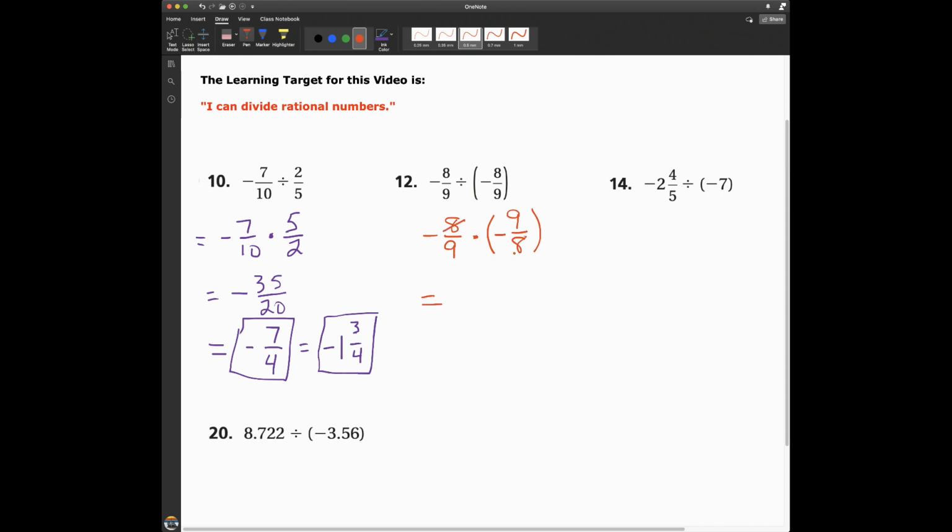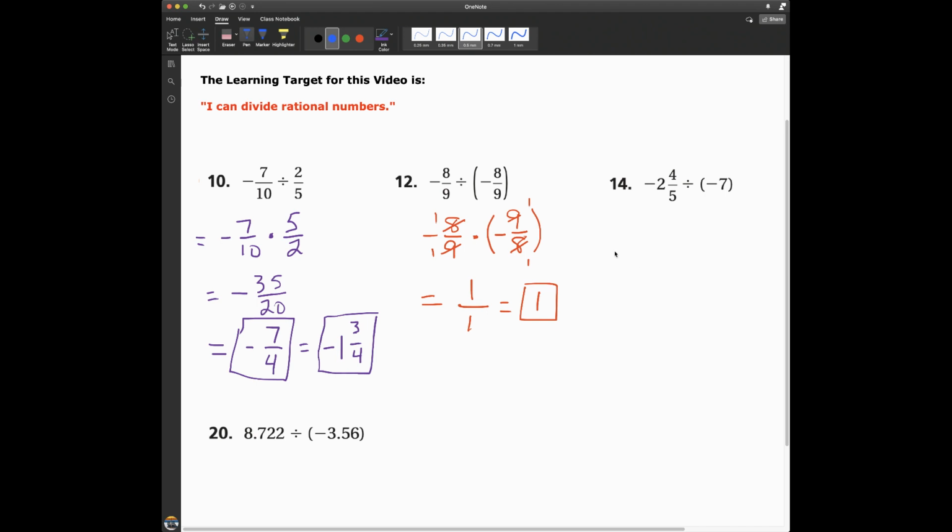And look at all this canceling that's going on here. I'm canceling like a crazy, mad math teacher. All that canceling, and what does that leave me with? 1 times 1 is just 1 in the numerator. 1 times 1 is 1 in the denominator. And then 1 divided by 1 is just 1. Okay, so that is number 12.